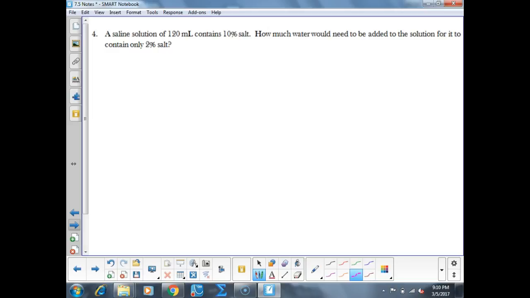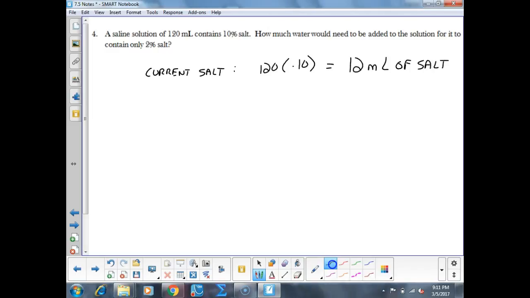Well, currently, the current salt content is 120 milliliters times 10%, okay, which is 12 milliliters of pure NaCl salt. Okay? So we've got 12 milliliters of salt in a 120 milliliter solution.